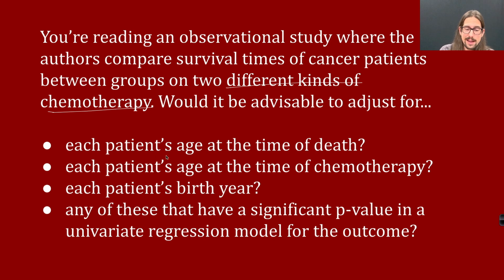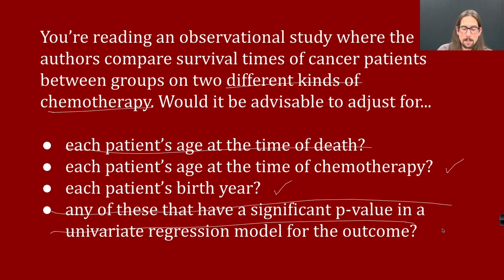Therefore, their age at the time of death is something that happened after the chemotherapy. This was measured after the chemotherapy. So we don't want to do this. Each patient's age at the time of chemotherapy, fine. Their birth year, that happened before chemotherapy, fine. Any of these that have a significant p-value in a univariate regression model for the outcome, no.